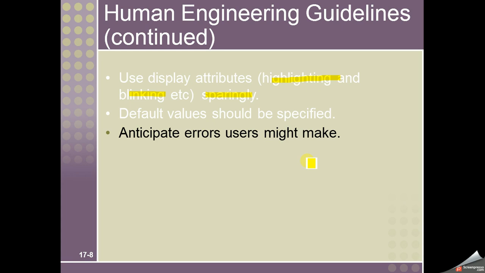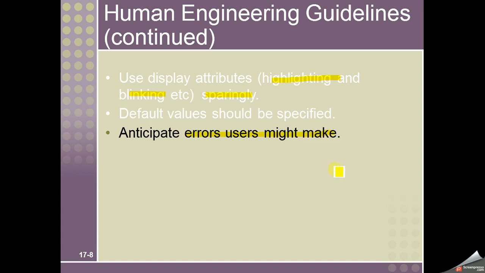Like we discussed about input validation in the previous chapter. So we try to make sure that the user is not able to enter incomplete or incorrect input. So in the interface, we can anticipate the errors that the users might make and we should try to avoid them, right?